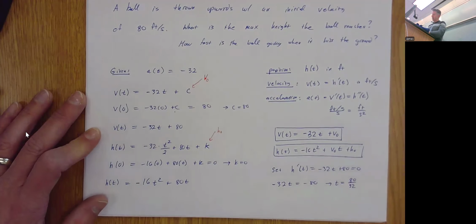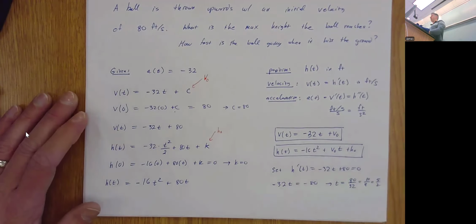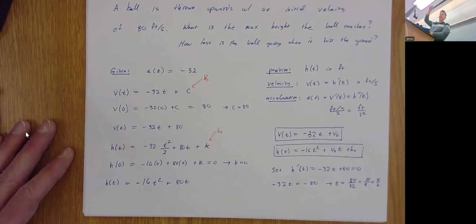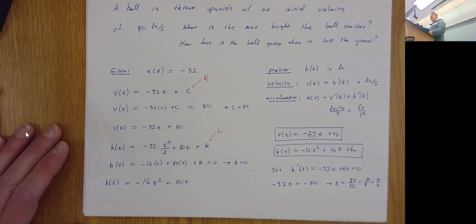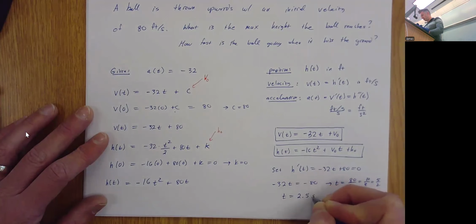And both of those have a factor of 8, so that reduces to 10 over 4, which is 5 over 2, or 2.5. Which is not surprising, right? We just talked about how the ball was going upwards at 2 seconds and downwards at 3 seconds. So somewhere between 2 and 3 seconds, in this case exactly the midway point, the ball is going to top out. So the time of maximum height is 2.5 seconds or 5 halves seconds.